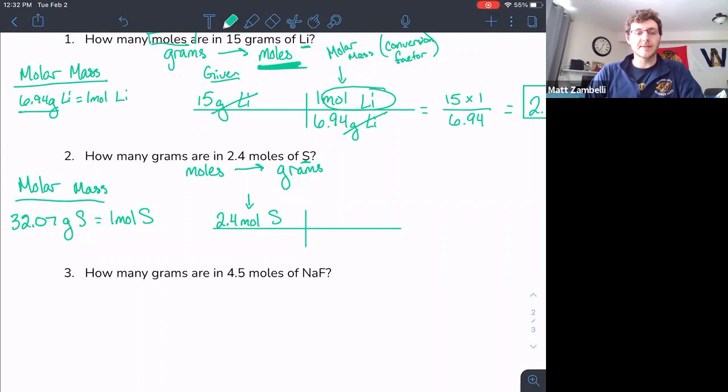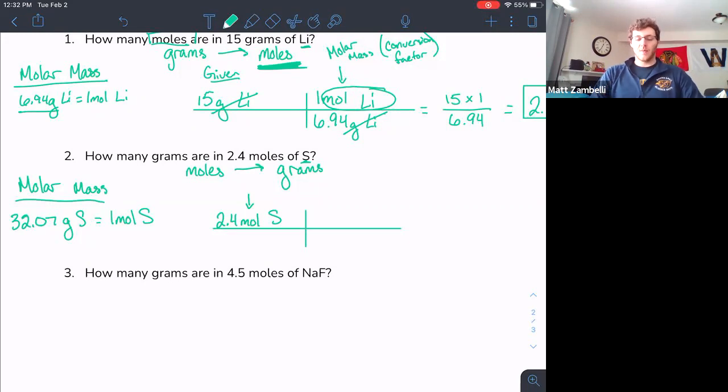If your periodic table says 32.06, that's fine. The rounding changes some of the periodic tables, so if yours says 32.07, it's the exact same. It's not going to be wrong on your sheet if you have 32.06 or 32.07. They get you the same information.